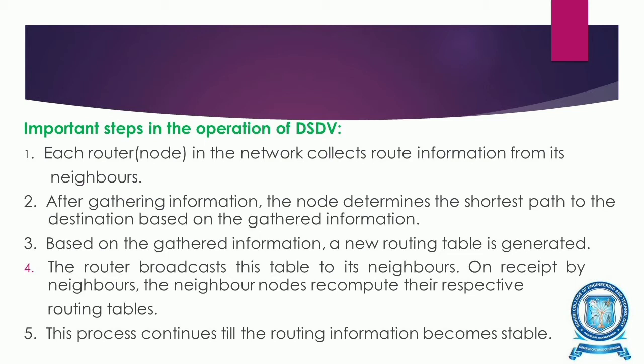Based on this, a new routing table is generated. The router broadcasts this table to its neighbors. On receipt, the neighboring nodes recompute their respective routing tables. This process continues till the routing information becomes stable. So it always goes on changing. All the routing tables get updated as soon as they get information from the neighbors.